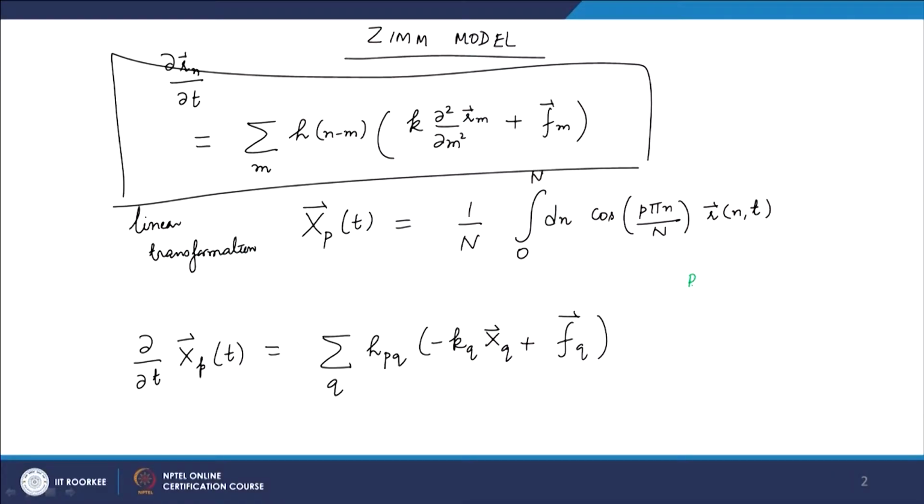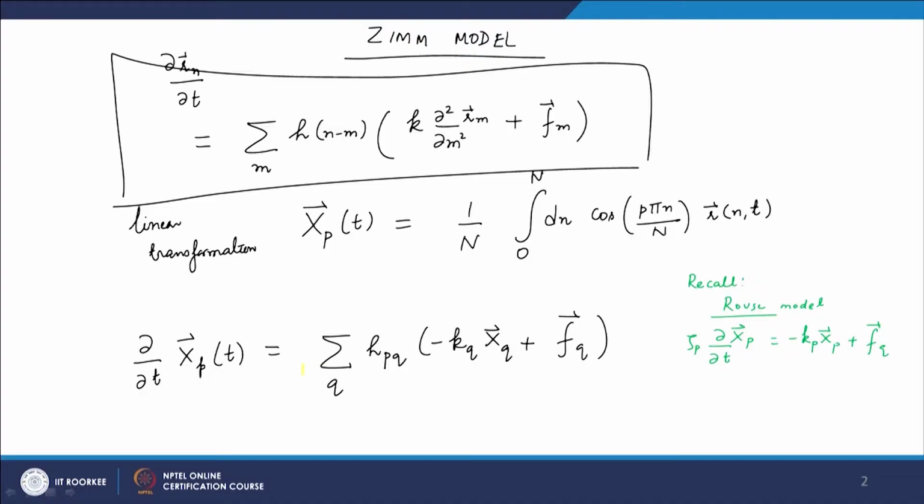So, just to recall what we had in the case of a Rouse model, there the motion of the bead was affected only by the forces acting on that particular bead.